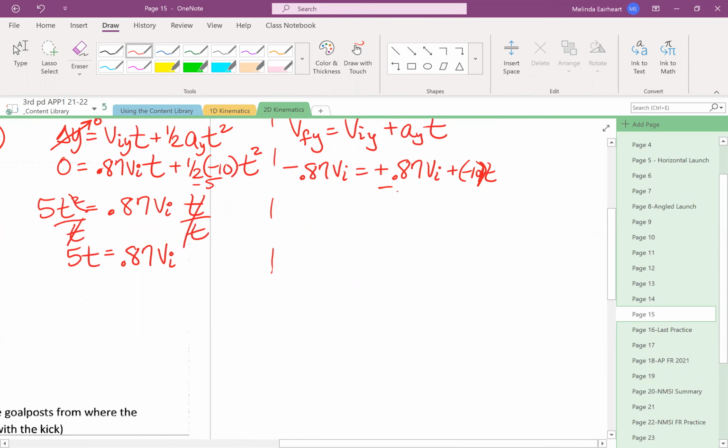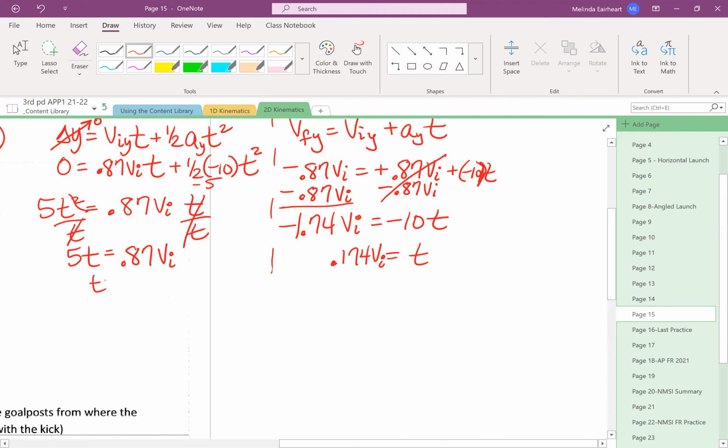Does it cancel out? No. You end up, it's a double, right? And so we'd get a negative 1.74. Divide both sides. What do we get for time? A positive 0.174 VI. Now that may not look like the same thing, but let's go on and make sure it is.